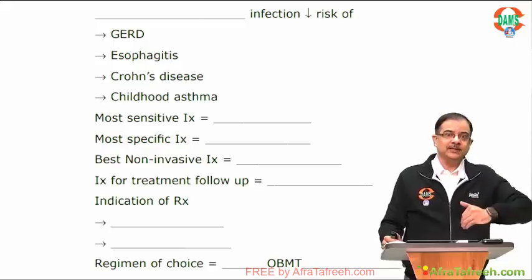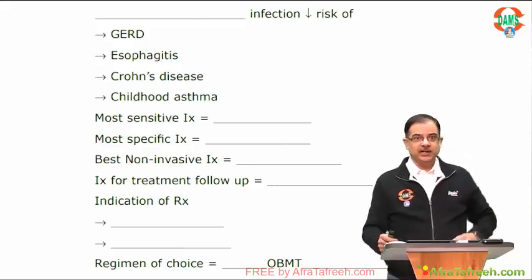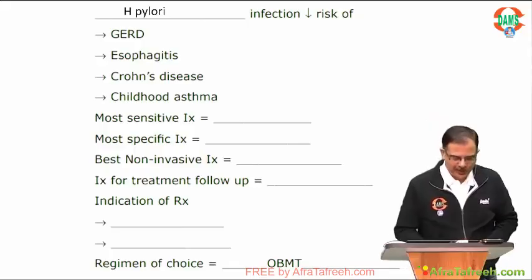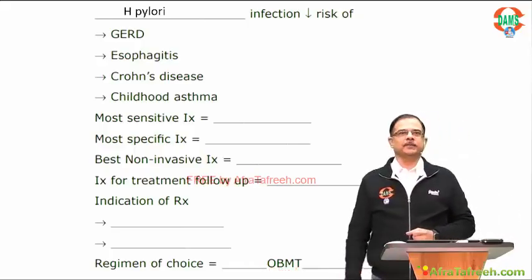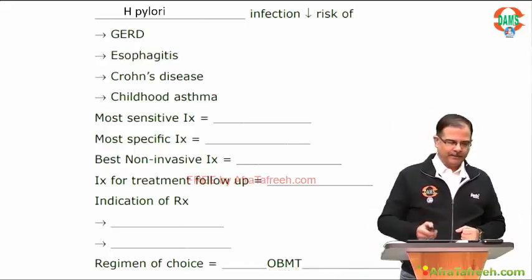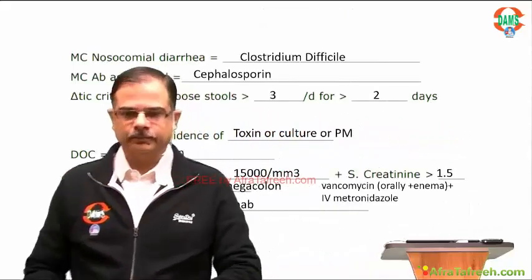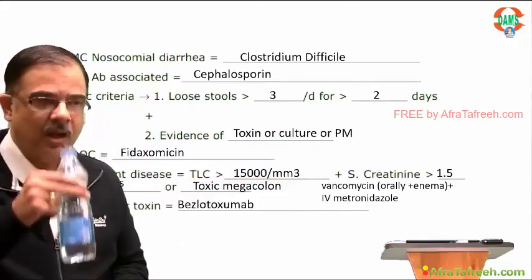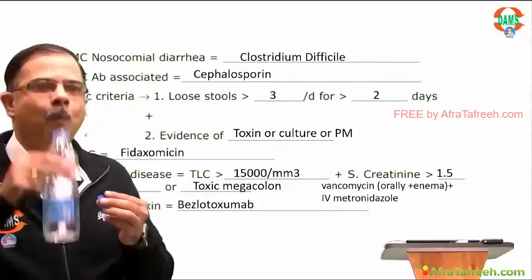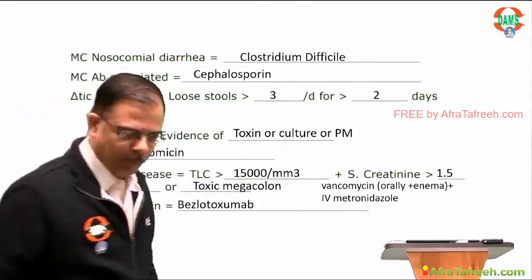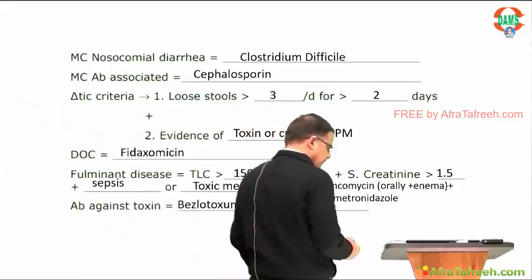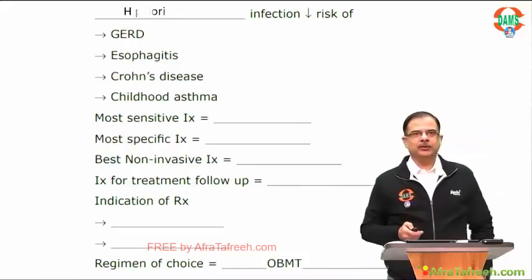Childhood asthma risk is also reduced. So this is the classical infection of H. pylori. Okay, H. pylori is the infection.